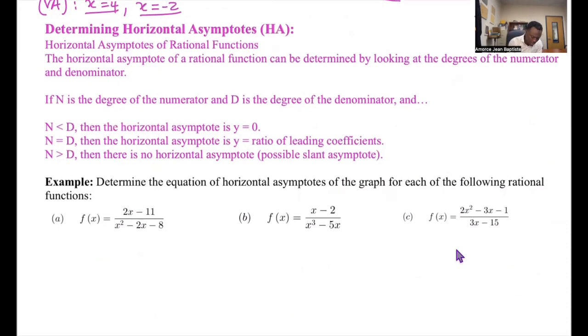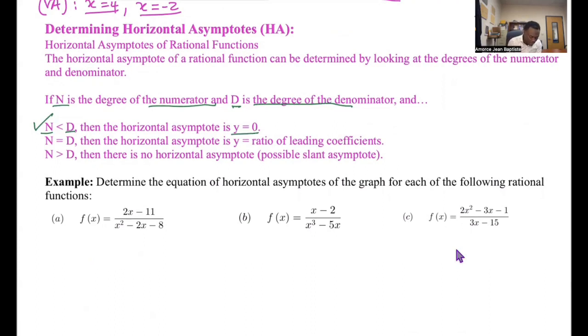The first condition is to verify, if we call n the degree of the numerator and d the degree of the denominator, if n is less than d, that means you have a higher degree in the denominator, then the equation of the horizontal asymptote is y equals 0, not x, y equals 0.